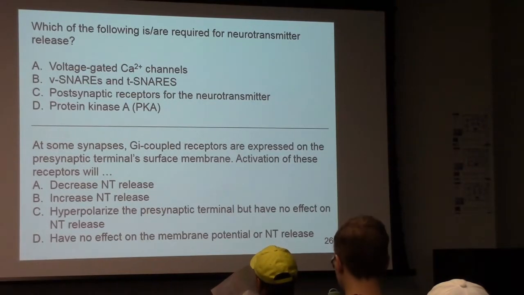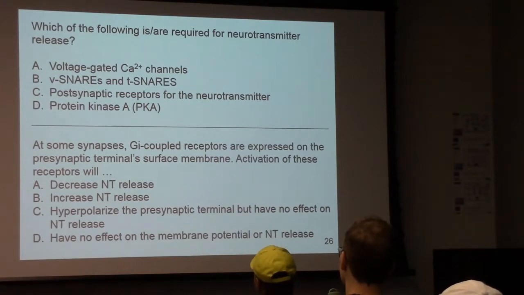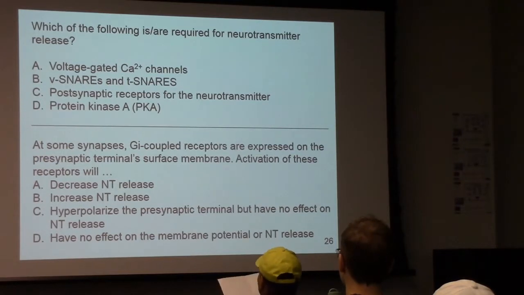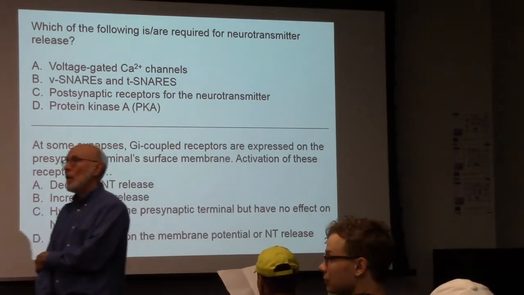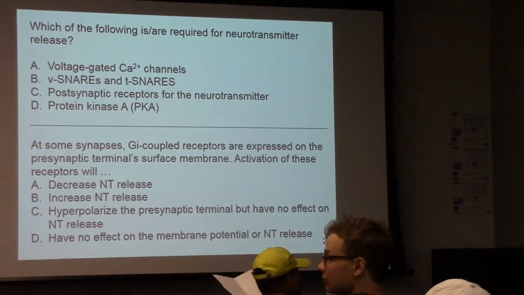Which of the following are required for neurotransmitter release? So, giving you a hint: we're talking about release. When I talk about release, I'm not talking about reuptake. I'm talking about release, exocytosis.